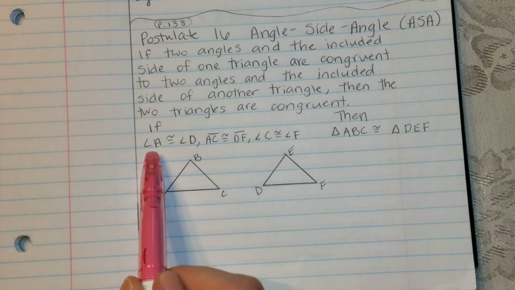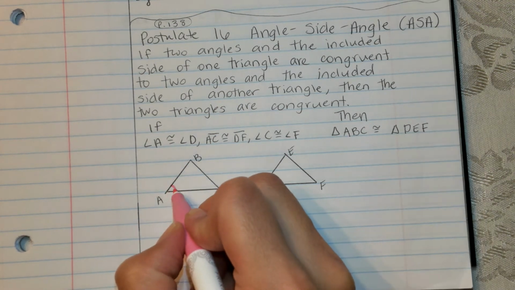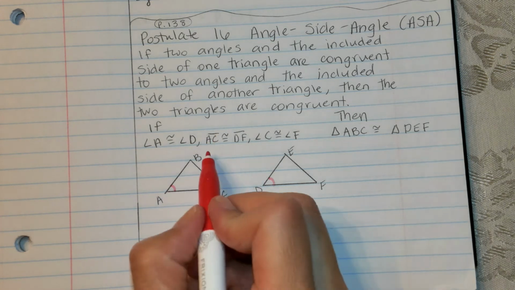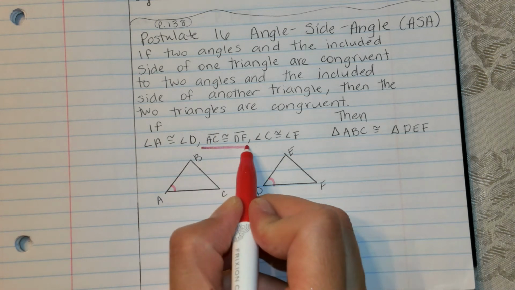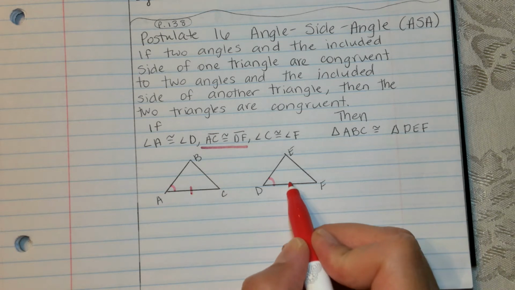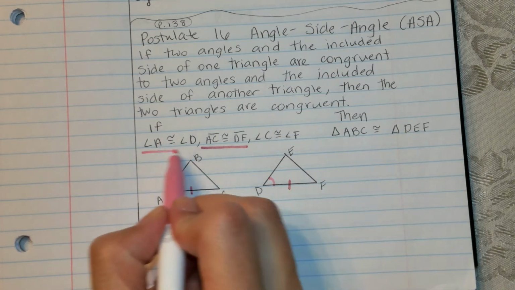So it says if angle A is congruent to angle D, so let's go ahead and mark that. A is congruent to D. And then we have the side AC congruent to the side DF. And then the last one is another angle.